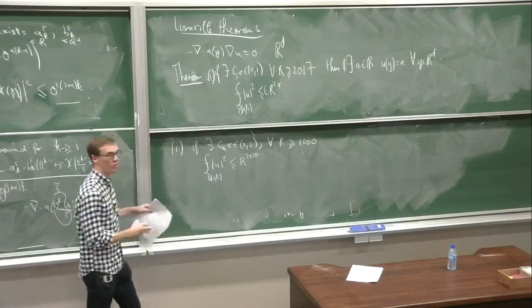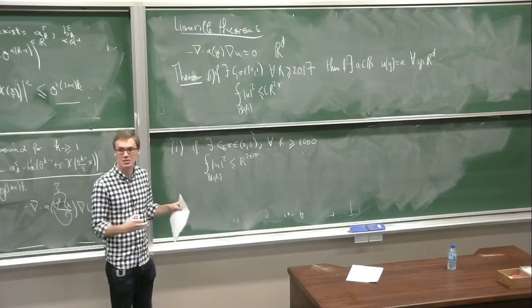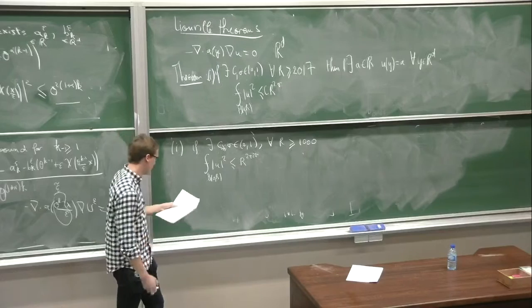So I'm assuming that the growth of u can be linear but also sub-quadratic.